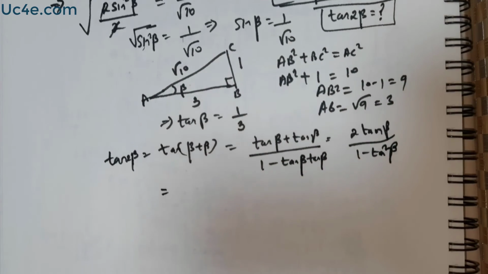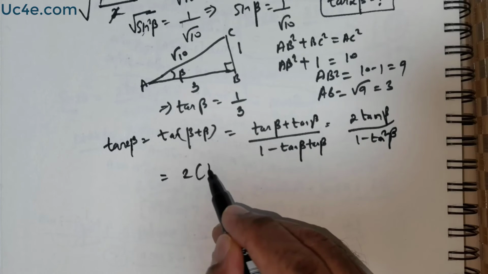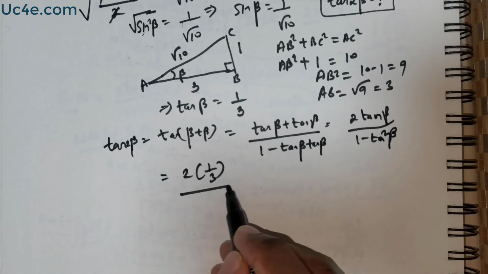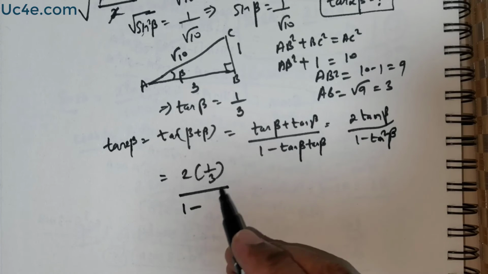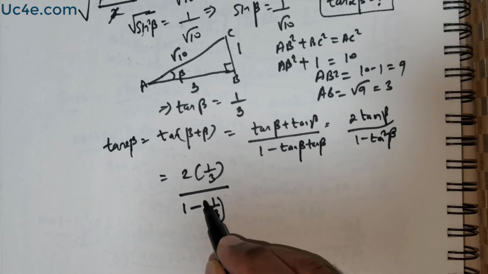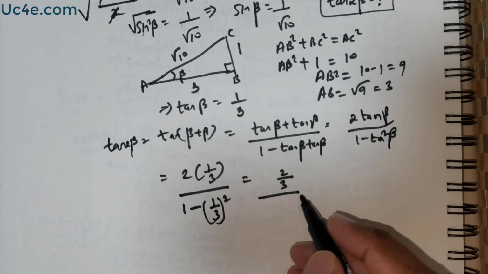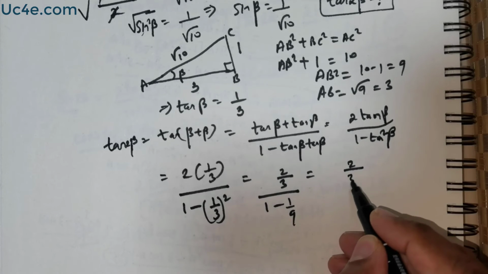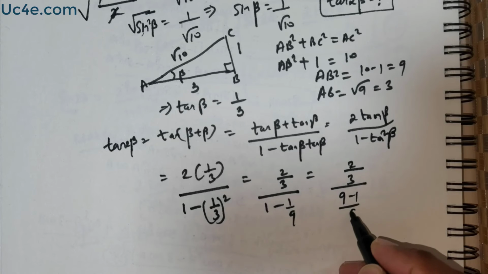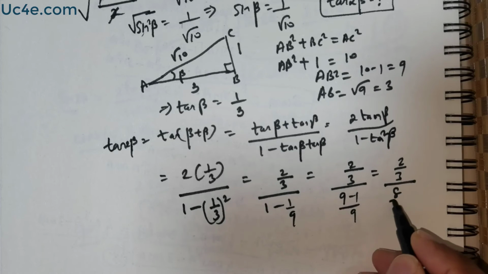Now, 2 times tan beta, where tan beta is 1 over 3, so this is 2 over 3 divided by 1 minus 1 over 3 raised to the power of 2, which is equal to 2 over 3 divided by 1 minus 1 over 9, which is nothing but 2 over 3 divided by 9 minus 1 divided by 9, which is 2 over 3 divided by 8 over 9.